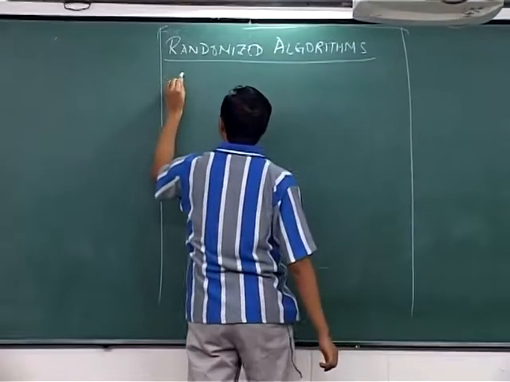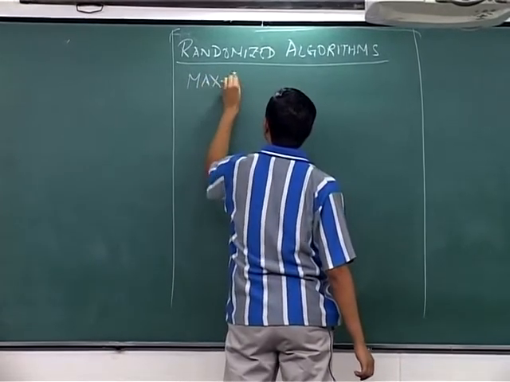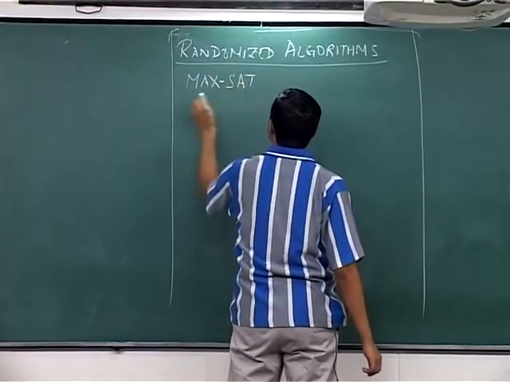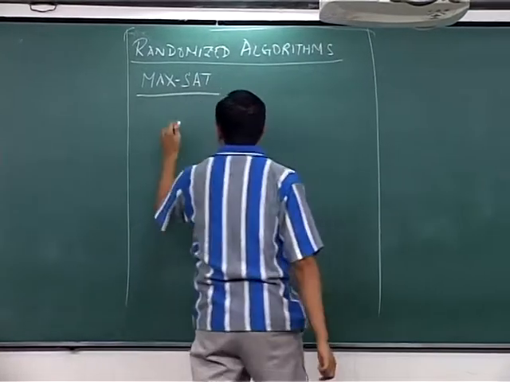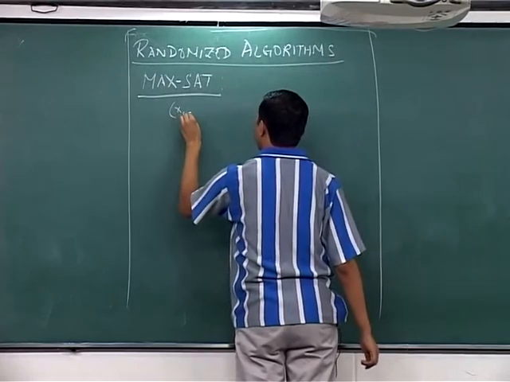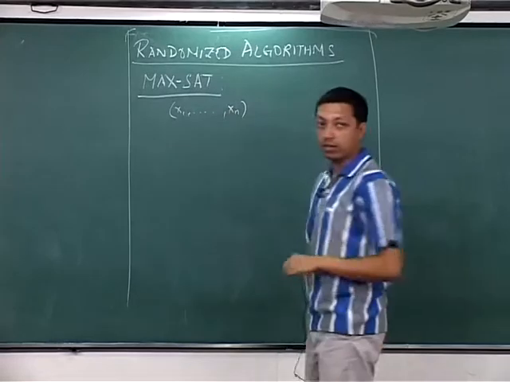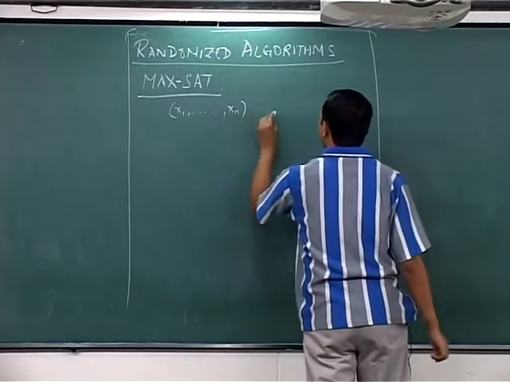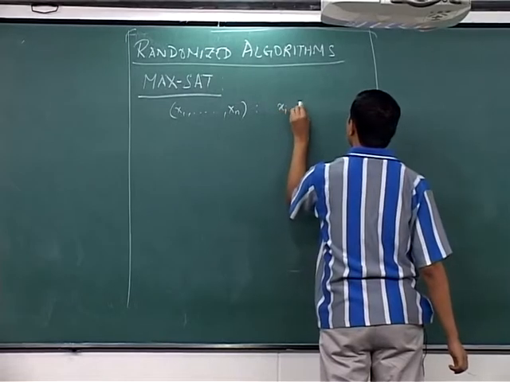The problem is what is known as max-sat. So what do you have? You have a set of variables x1 to xn, where the xi's are either 0 or 1.